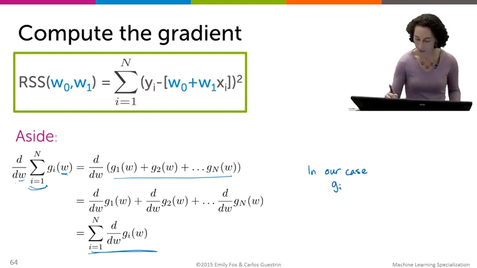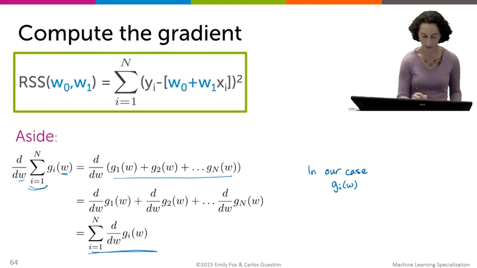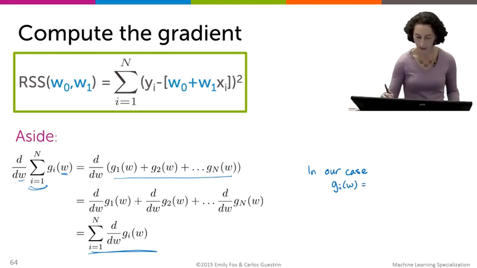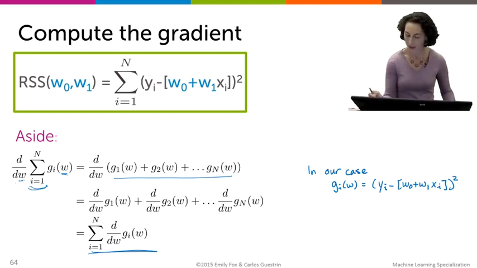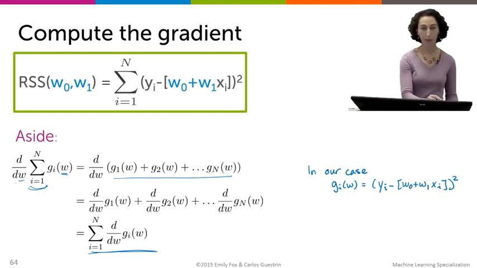In our case, gi of w is equal to (yi minus (w0 plus w1 xi)) squared. And we see that the residual sum of squares is indeed a sum over n different functions of w0 and w1.